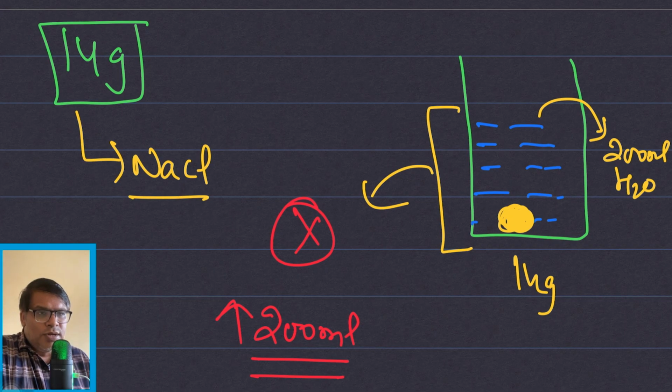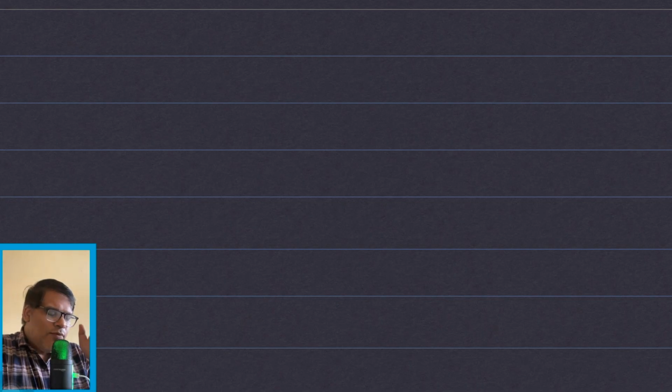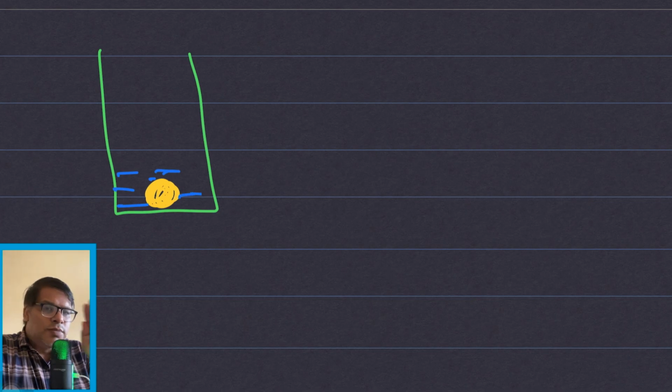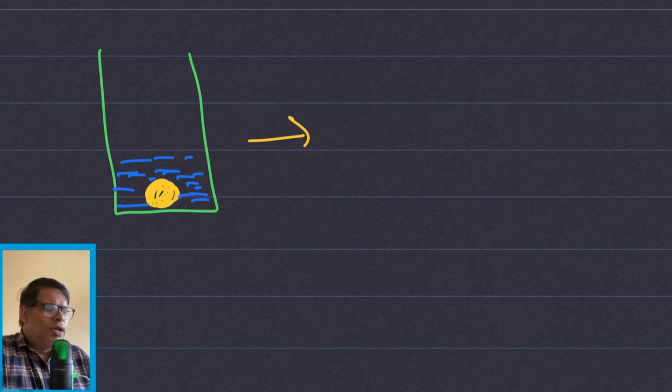Actually, you can do this in a very simplified way. You will take 14 gram NaCl. Initially, you will dissolve it in a small amount of water. Let it dissolve completely.